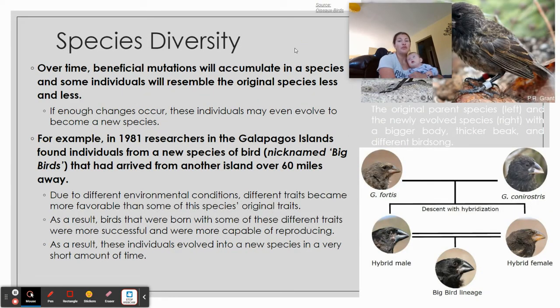So when we're talking about diversity as well, we can also measure diversity with the diversity of species. Over time, beneficial mutations will accumulate, and sometimes individuals will resemble the original species less and less. And just like we talked about in regular bio, in the Galapagos finches, we started with one finch species and then they went off into 14 different ways because of all of the different food.